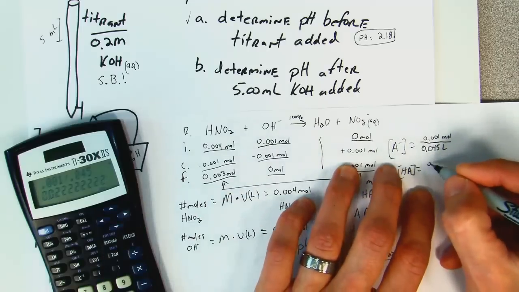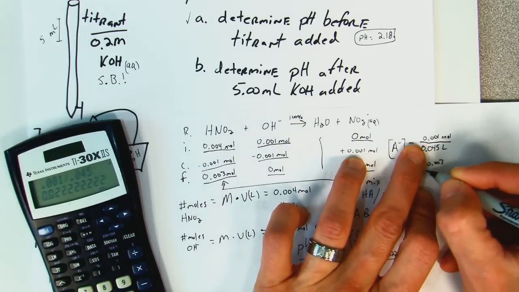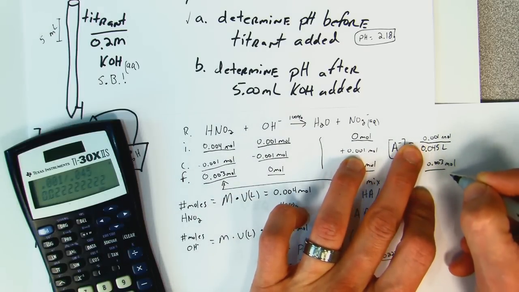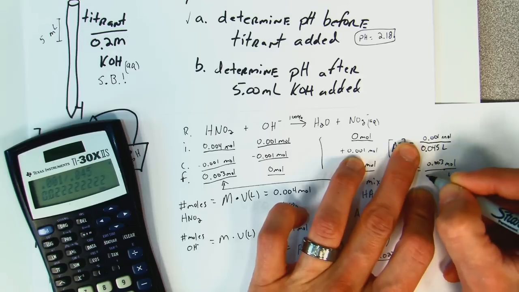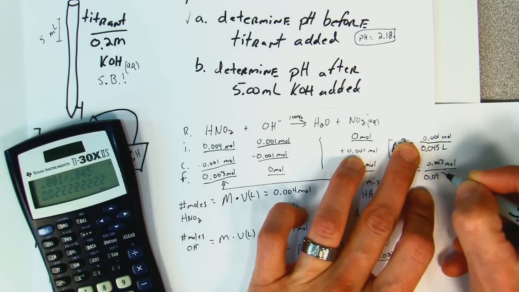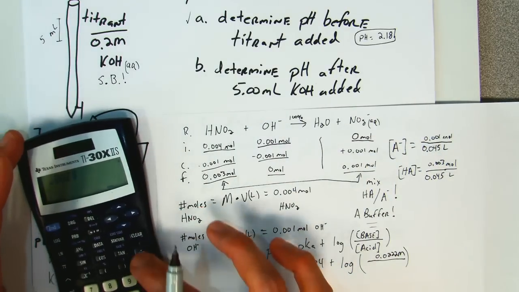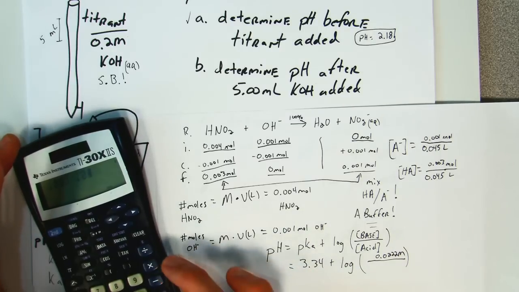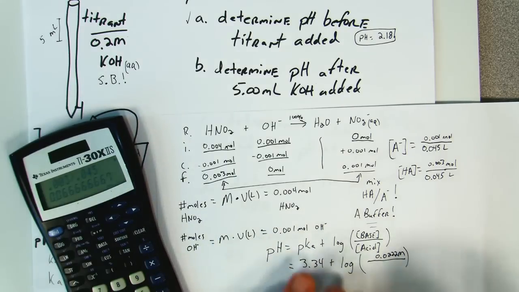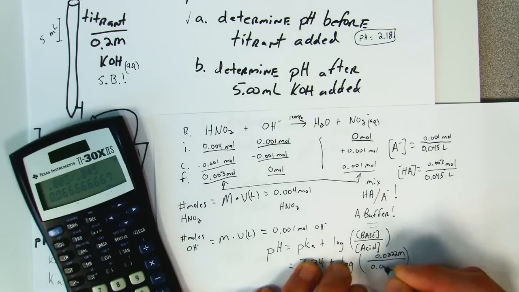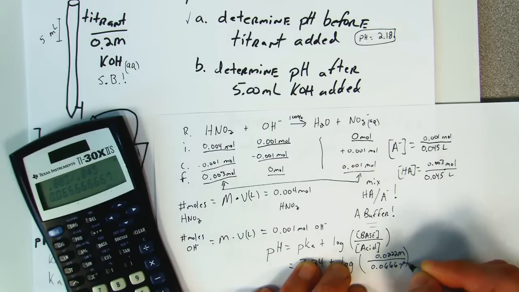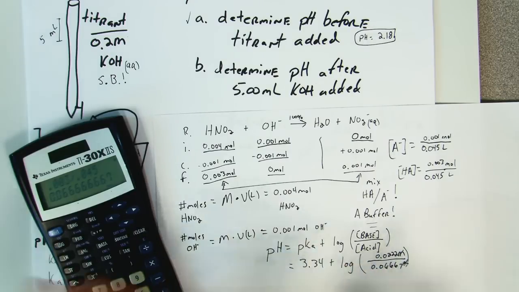And that is 0.003 mole divided by the same volume, 0.045 liters. So it should be 3 times bigger concentration. Indeed, that's the case. 0.06667 repeating molar.